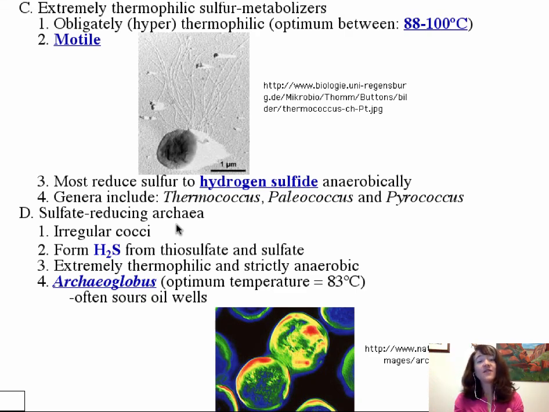But think about it, if this happens in pipes, that equals corrosion. So when these hydrogen sulfide producing bacteria react with the pipes, it causes the pipelines to corrode. And in oil refineries, they're at hot temperatures, so Archaeoglobus causes the pipes in an oil refinery to corrode, and it just sours the oil refinery.